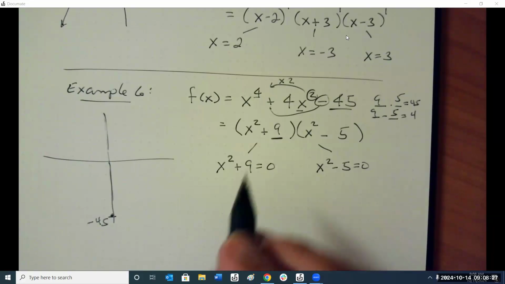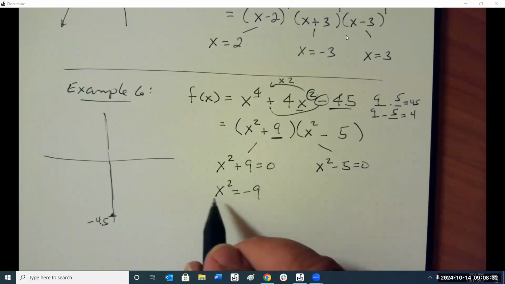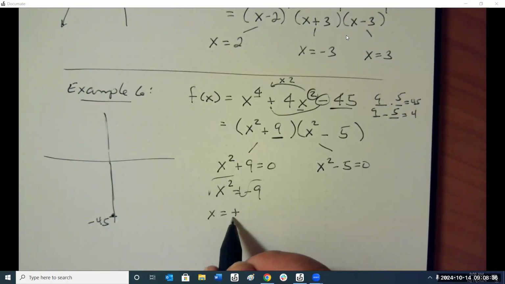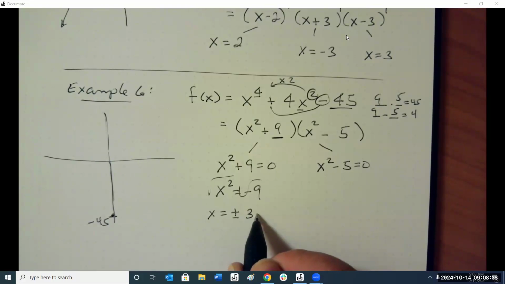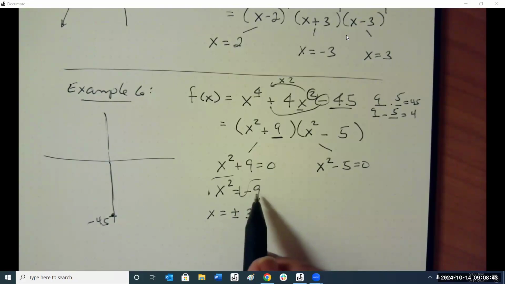And for our x-intercepts, move the 9 over. X squared equals negative 9. Square root, so we have x equals plus or minus 3i. This is a negative inside a square root, so it's an i.